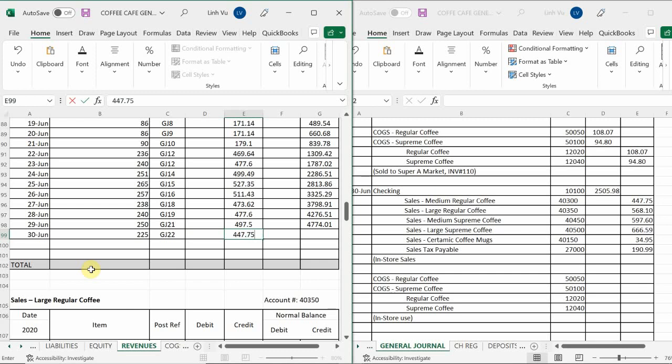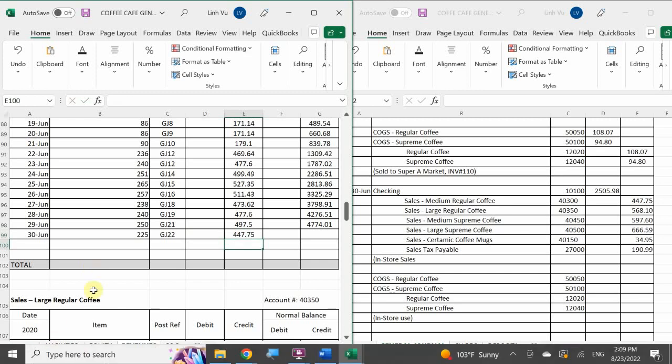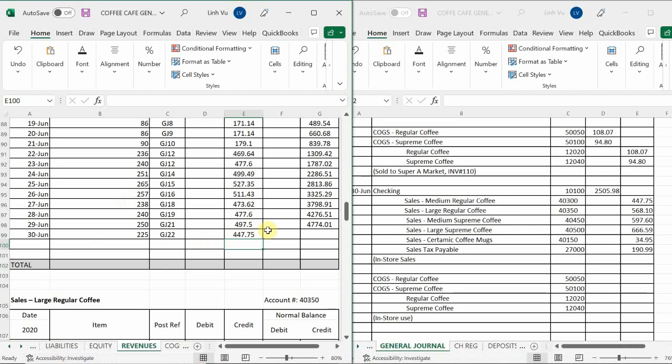And then it's grand total of $5,221.76. 522176. Yes. Good.